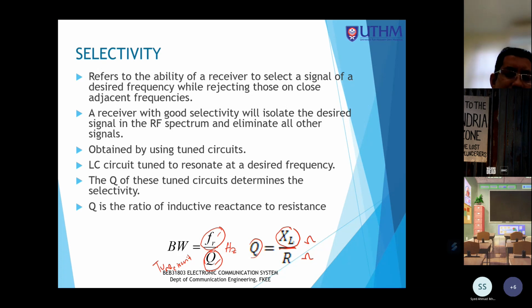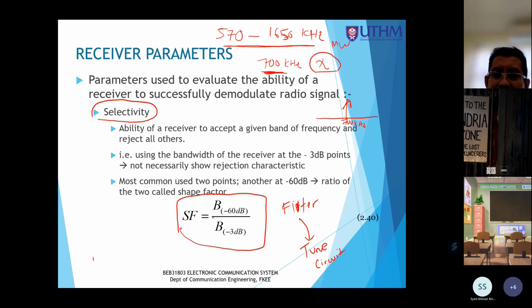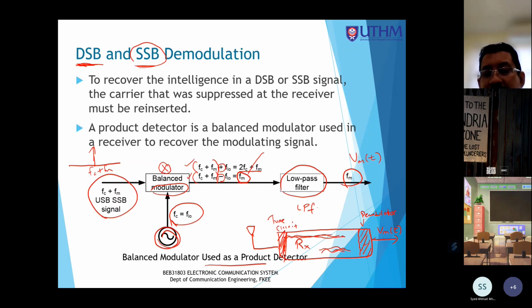Okay, so apa tujuan kita kira benda ni? What's the purpose of this actually? So again, kalau saya kembali kepada gambar ini, kalau kita lihat gambar rajah receiver yang saya lukis kat bawah ni, kita sebenarnya menerima pelbagai jenis signal. Okay, remember the antenna at the receiver, antena pada receiver ini dia menerima signal pada julat yang besar.